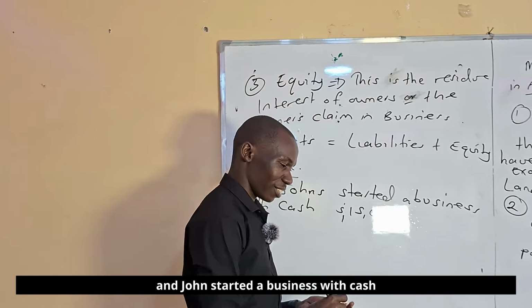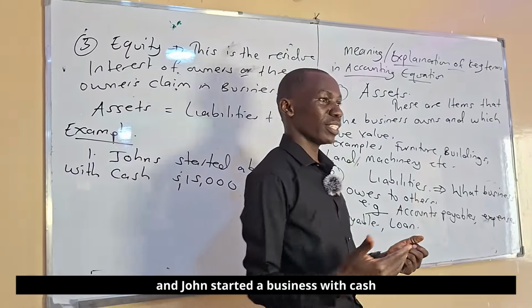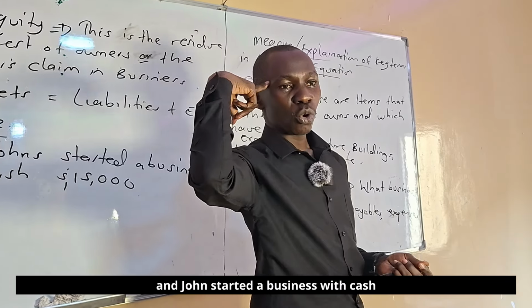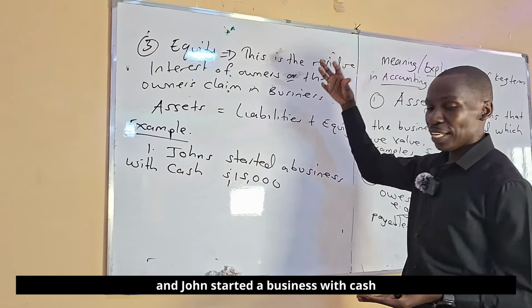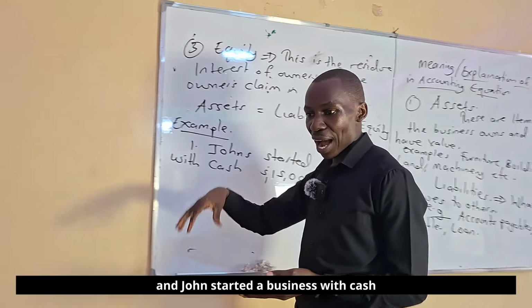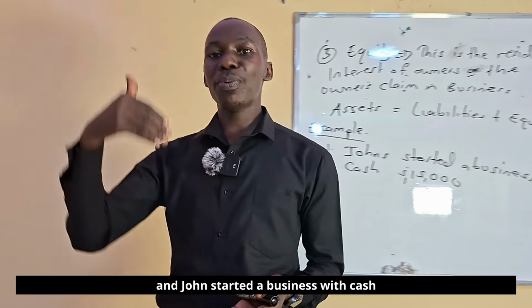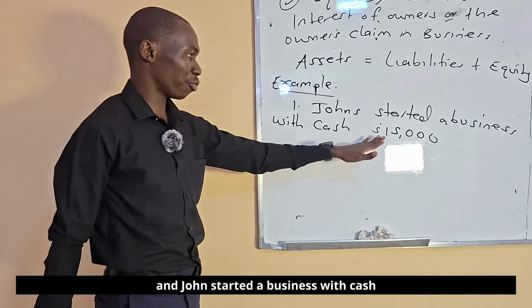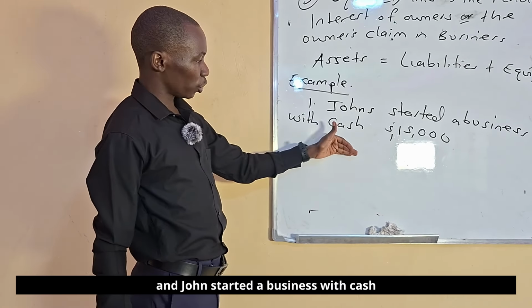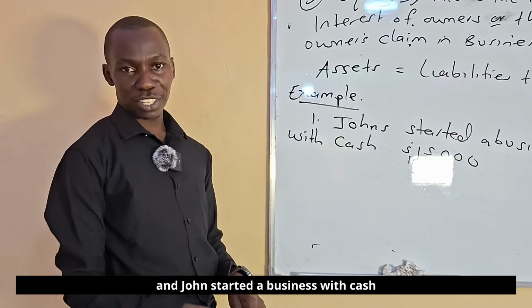Now, when someone says John started a business, what comes to your mind? Where did John get the money from? That's why we say it shows what you own and how the business is being financed. When we talk of John starting a business with cash of 15,000, the question should be, where did you get this 15,000?